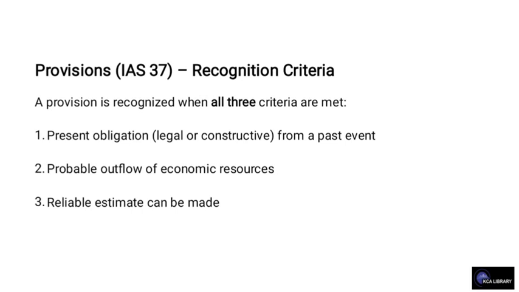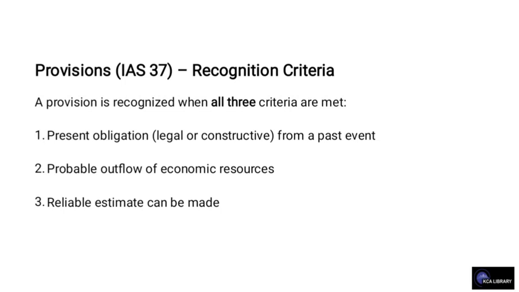Looking at provision, which is IAS 37, the recognition criteria are below, and a provision is recognized when all 3 criteria are met. The first one is present obligation, that is legal or constructive, from a past event.